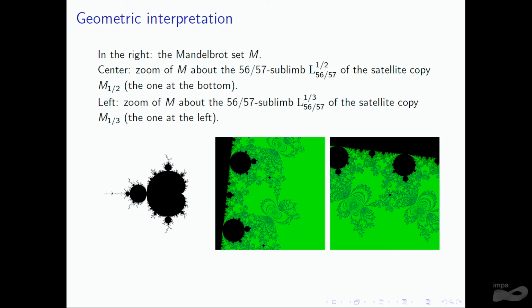So here you see a zoom of this part. I don't know if it is visible, but attached to this there are all these little balls, and they shrink going here. And here you see the zoom. Attached to the balls there are decorations, and things start spiraling in these decorations.